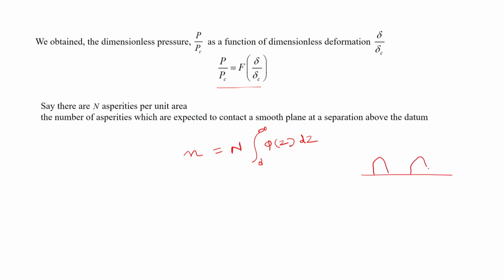So, basically this is the surface having these asperities, and then this is the contacting body. Let us say the contacting body is something like this. So, there are asperities which are not in contact, and there are asperities which are in contact. So, we want to find out the number of asperities which are in contact with this contacting surface over here, and that fraction having height.